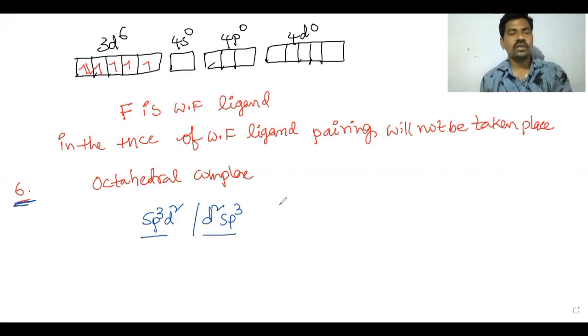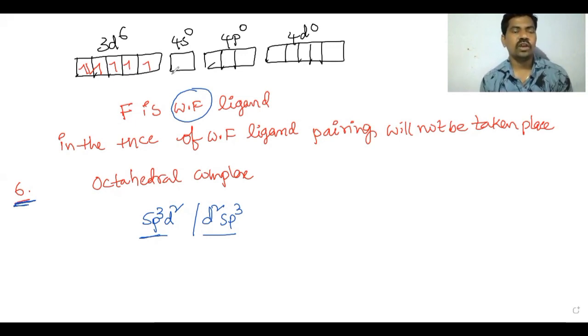If the electrons are paired in the presence of a strong field ligand, the d electrons from the 3d level will participate in hybridization. But here it is a weak field ligand. In the presence of a weak field ligand, electron pairing does not take place, so outer orbitals will be used here.